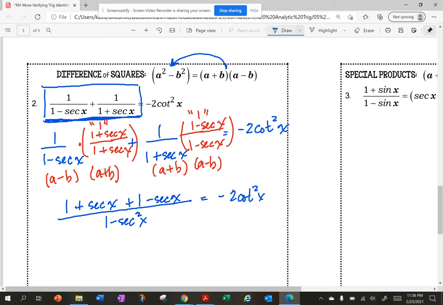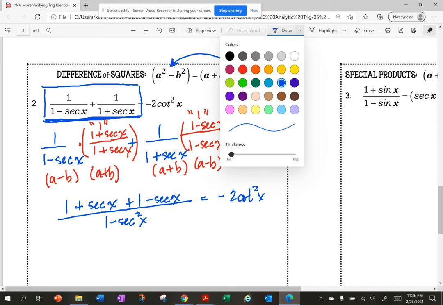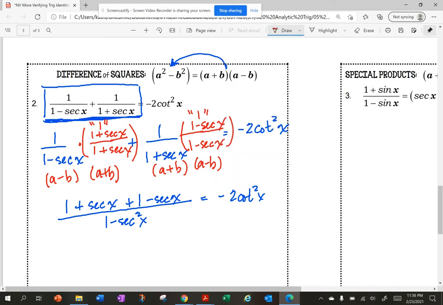So when I'm looking at this, now I see this as a squared minus b squared. Okay, so I went from the factored form to this form, but I'm doing it with my trig words.